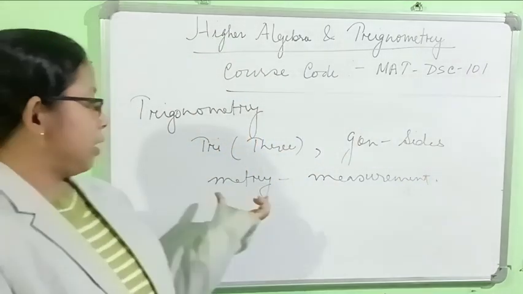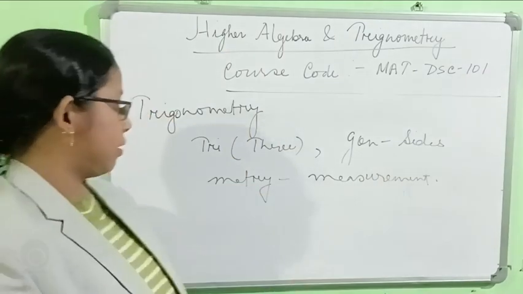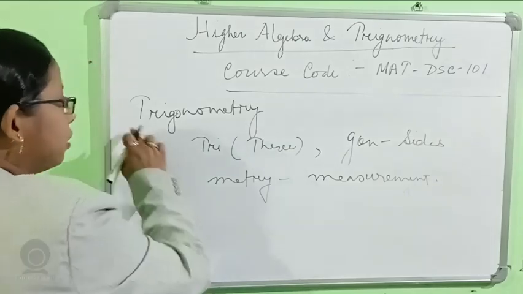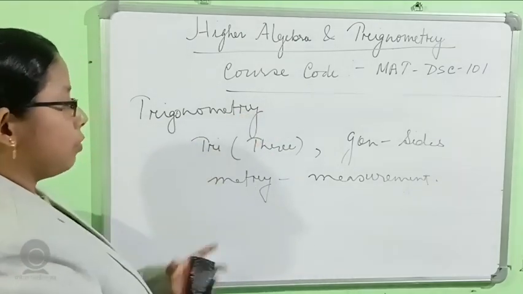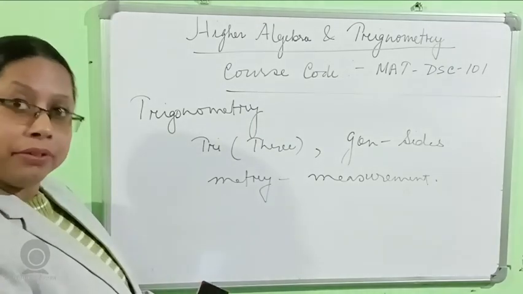Actually, this is sometimes pronounced as metron. Okay, I'm writing here metric. So this is measurement. In short, trigonometry is the study of relations between sides and angles of a triangle.